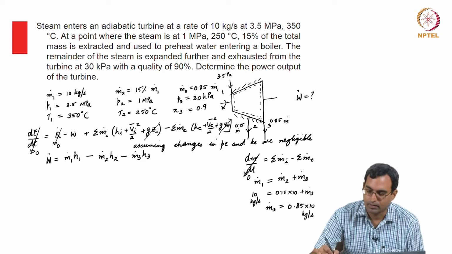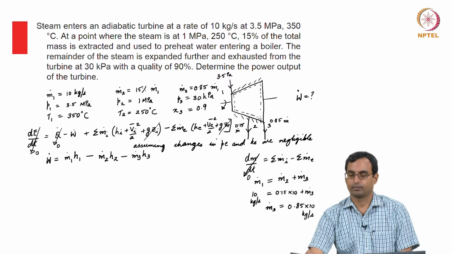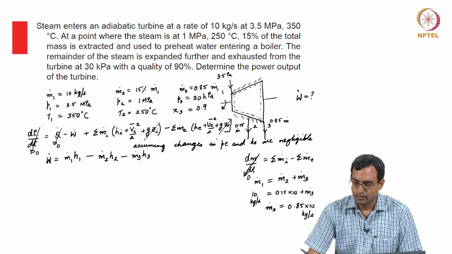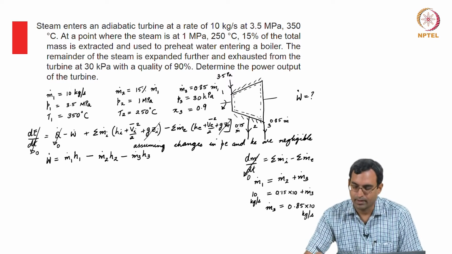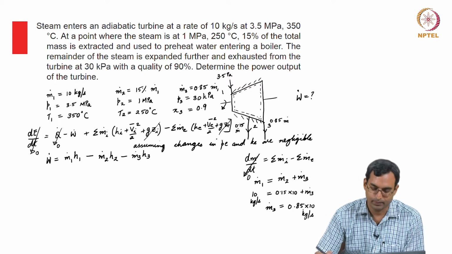So, this is how we got this here initially. So, I have this as 1.5 kg per second m2 dot, and this is 8.5 kg per second.